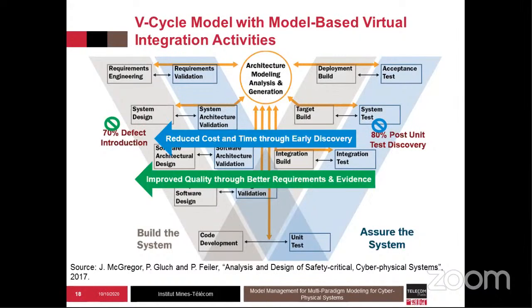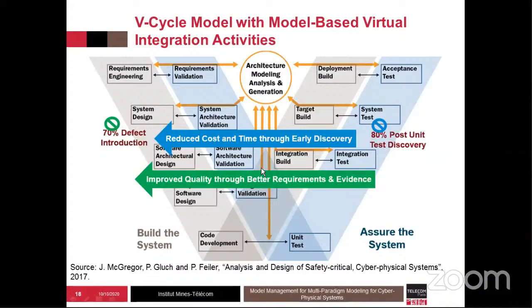And so what we do here is basically, when you do model-based engineering with several models, to the traditional V-cycle model where you have requirements engineering, system design, software architectural design, you add another line of the V where for each of these models that you have, you can perform with tools different verification and validation activities because you have specified your system with these models, okay?